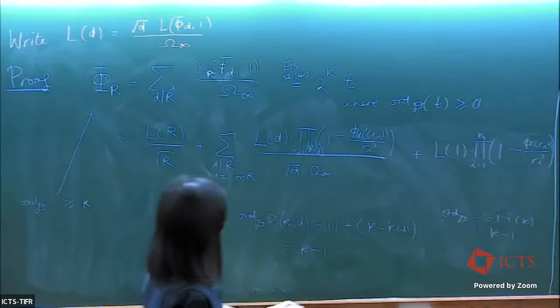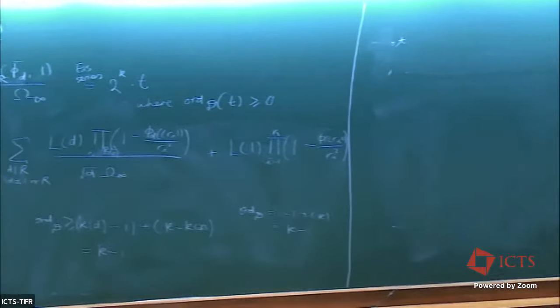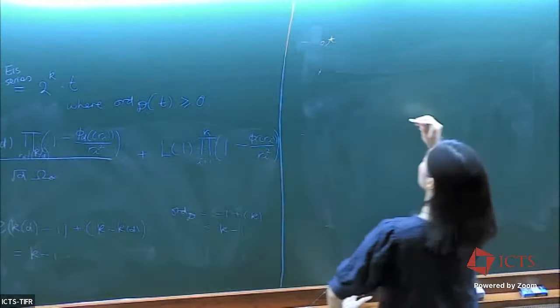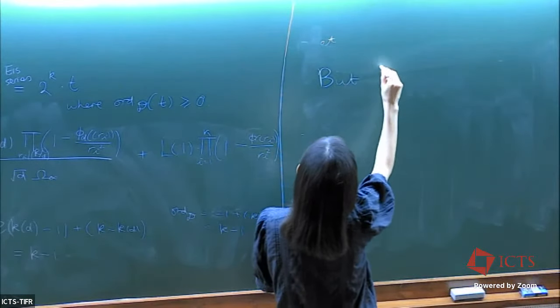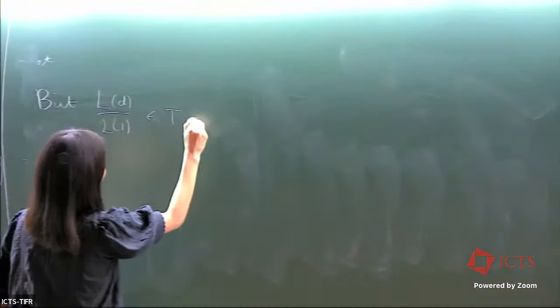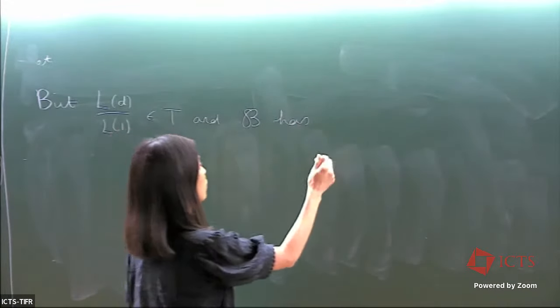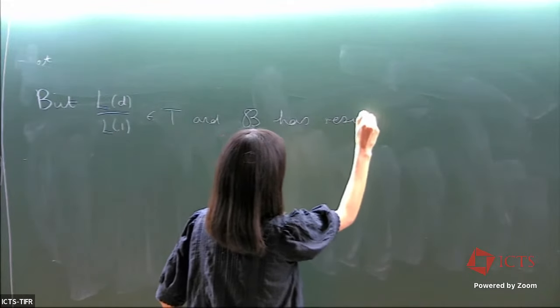So we need, in addition, to use the fact that, just one more minute, if you divide this L_D by L_1, you get an element of T. This has residue field degree equal to 1.